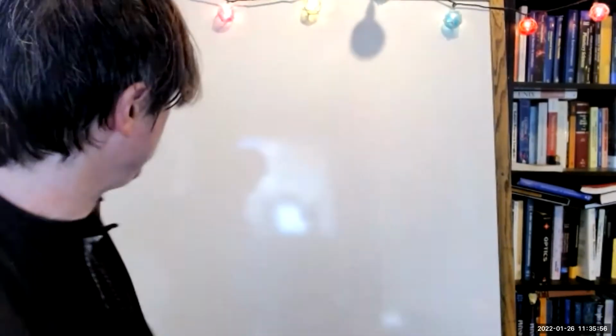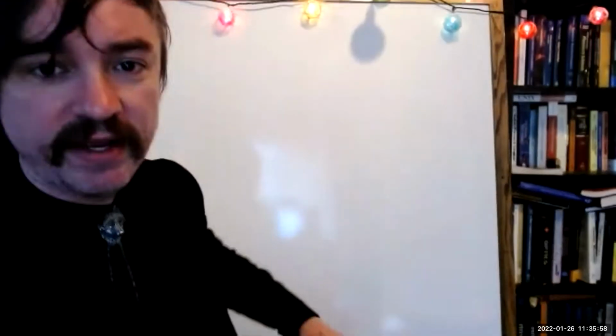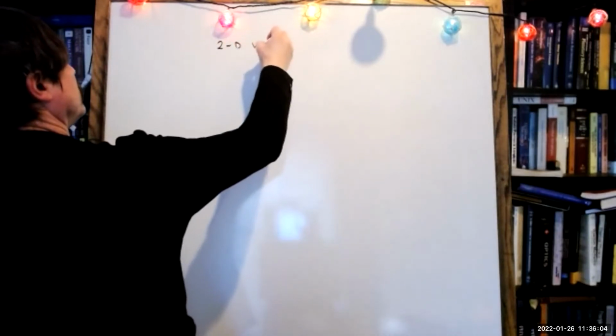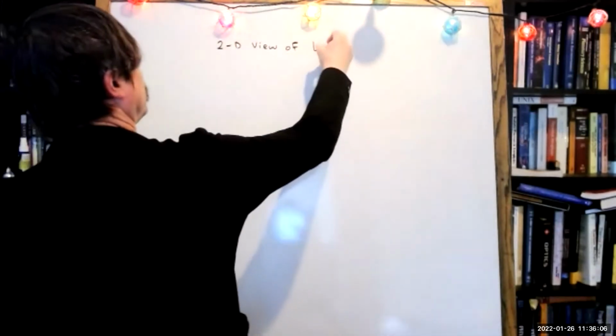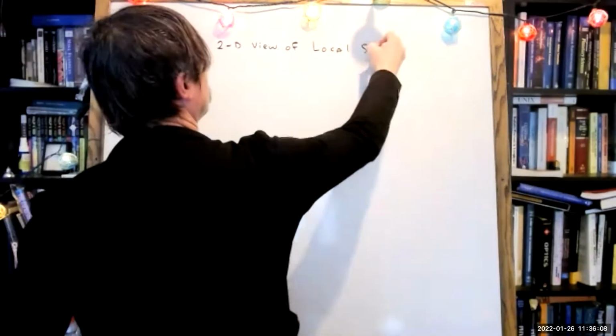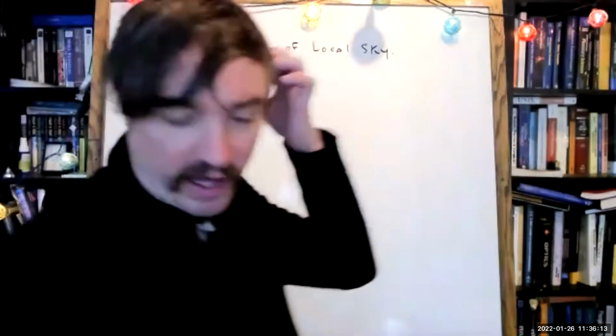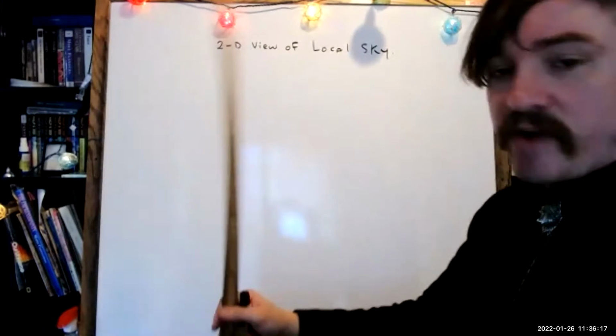Let's start by practicing the horizon system. We're going to do a little game here where we make a 2D view of the local sky, which is a great technique if you're having to solve problems during an astronomy exam. Let's grab our rulers.